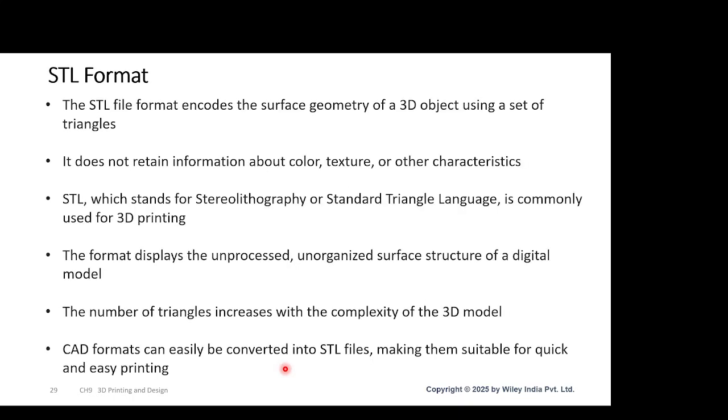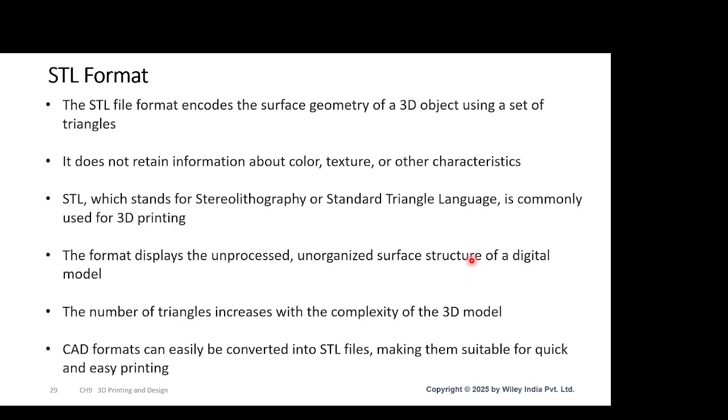Now, STL format encodes the surface geometry of a 3D object using a set of triangles, as we've seen in the last slide. It does not retain information about color, texture, or other characteristics. This also we have seen. STL, which is commonly used for 3D printing, displays the unprocessed, unorganized surface structure of a digital model.